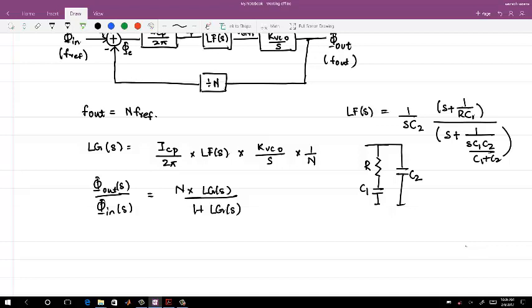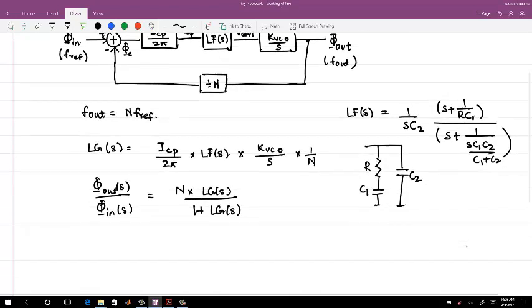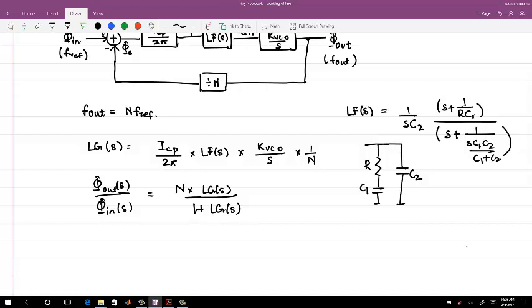Given the bandwidth and the phase margin of the PLL, we can find all the loop parameters. We have to make a choice for the resistor depending on the noise. And how did we get the bandwidth and phase margin? That is when we do a noise optimization of the PLL.